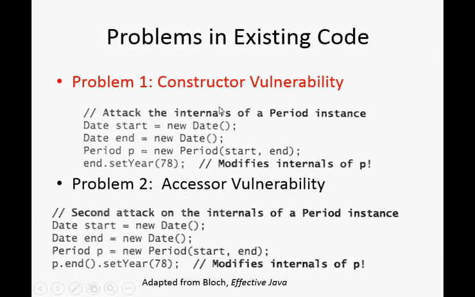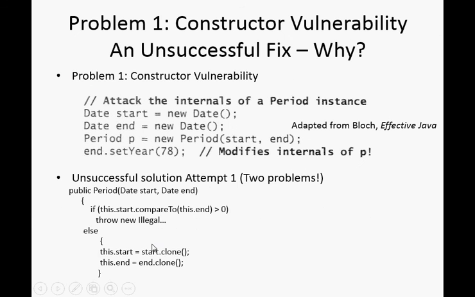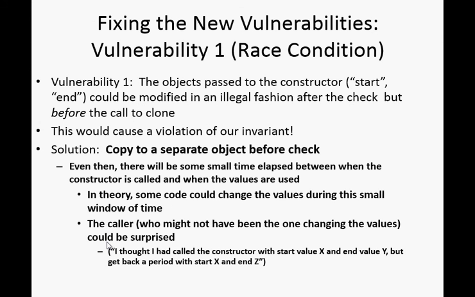But for the constructor vulnerability, why doesn't this cut it? For those who are interested in security-based programming and preventing security problems, this is getting into that area. Why is this not a complete solution? We clone here. Well, okay.